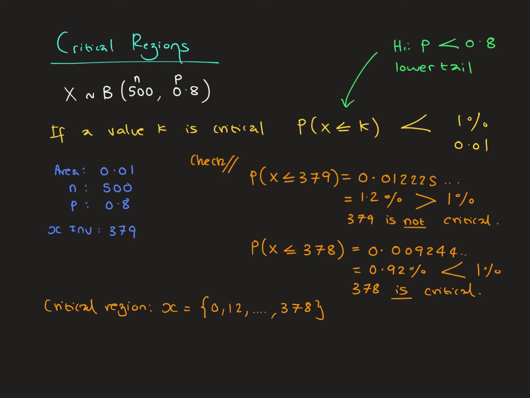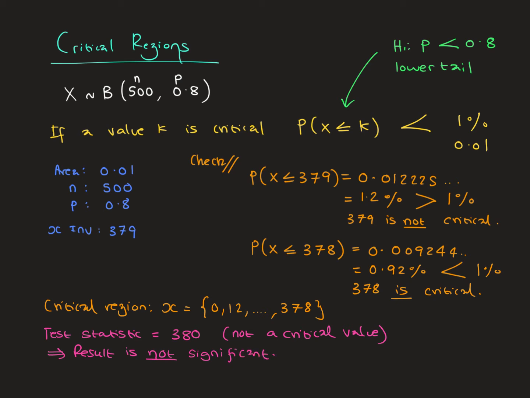Well, our test statistic was 380, and 380 is not a critical value. So we can, at that point, very clearly say the result is not significant. And then the conclusion follows on as it did previously.